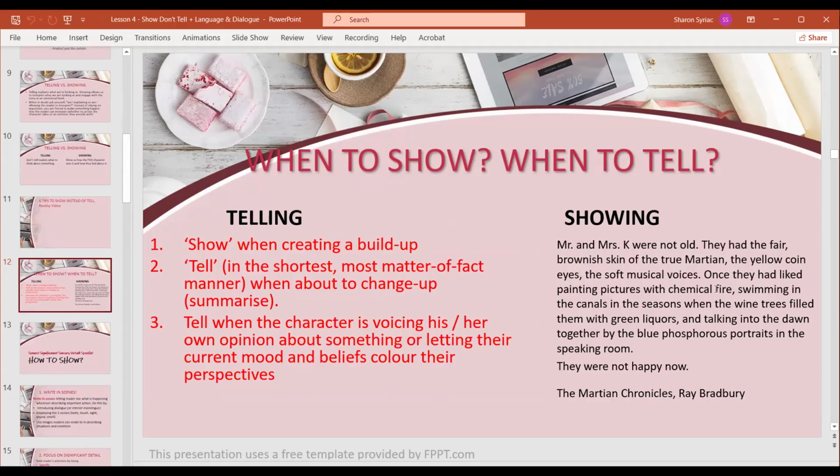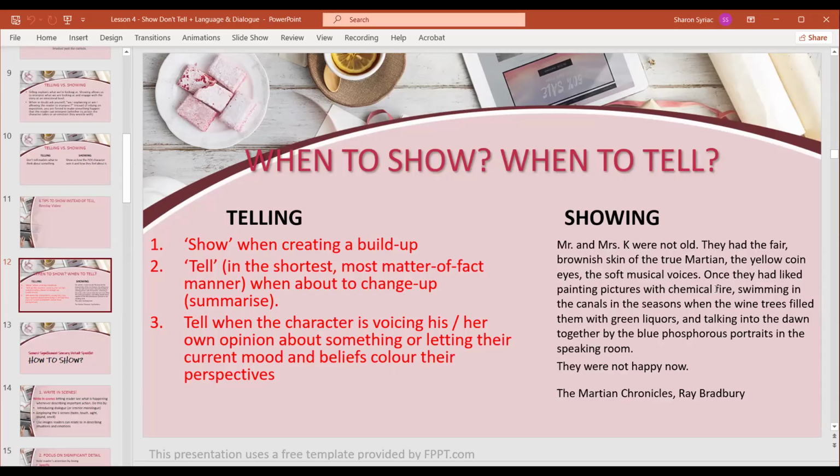Yes, miss. Showing. Mr. and Mrs. K were not old. They had the fair, brownish skin of the true Martian, the yellow coin eyes, the soft musical voices.